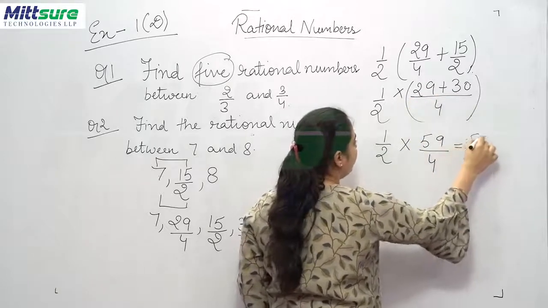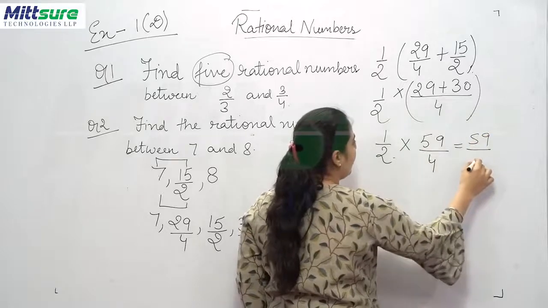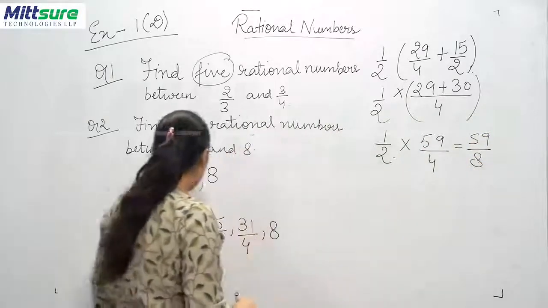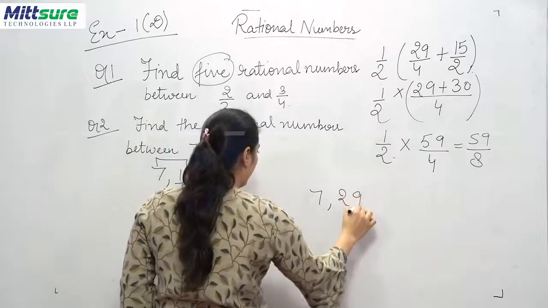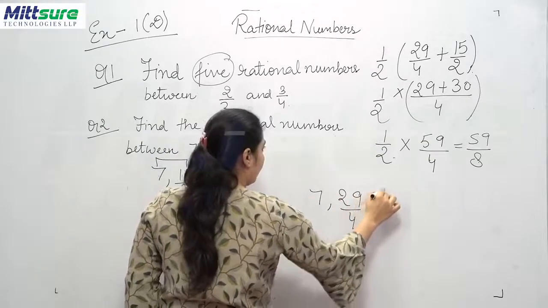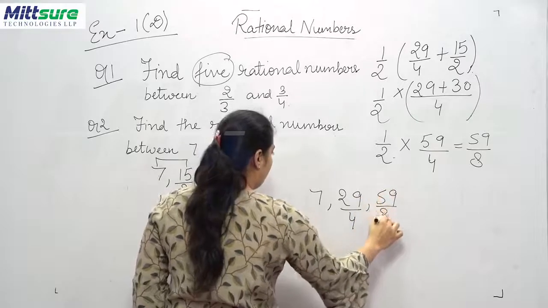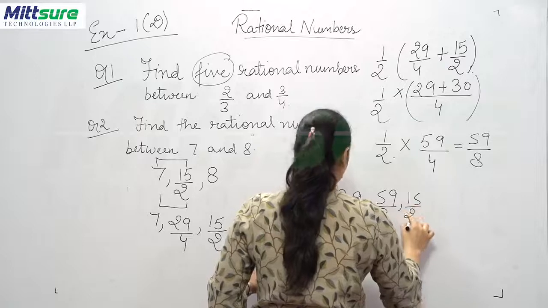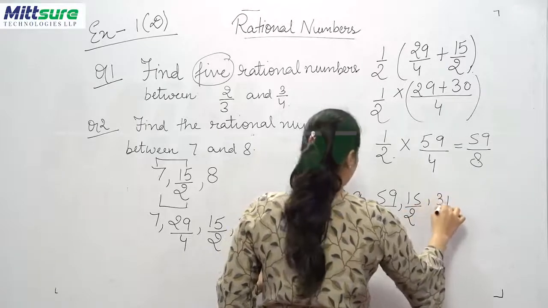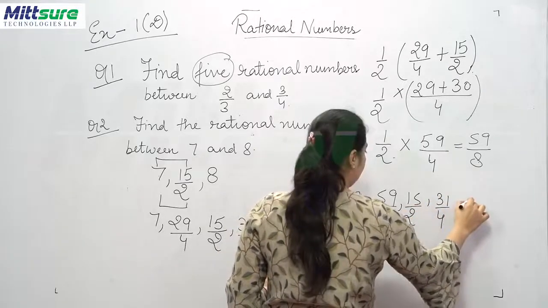So, I get 59 upon 8, as 2 times 4 is 8. So the numbers between 7 and 8 are 29 upon 4, 59 upon 8, then 15 upon 2, then 31 upon 4.